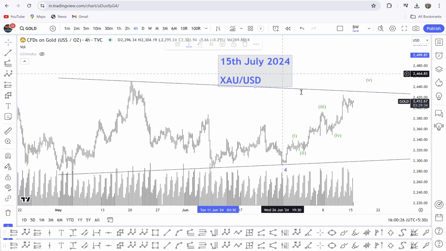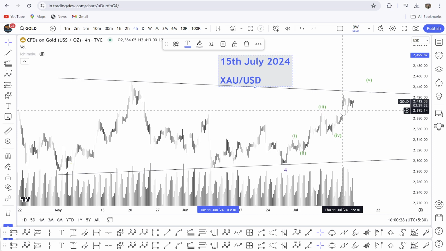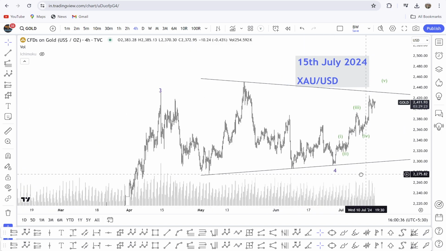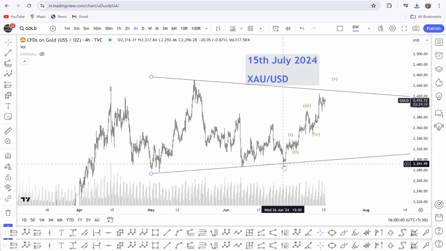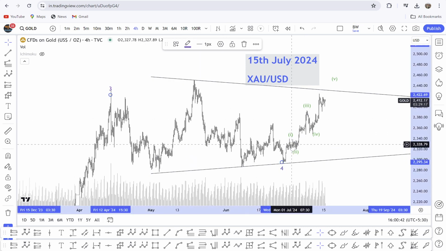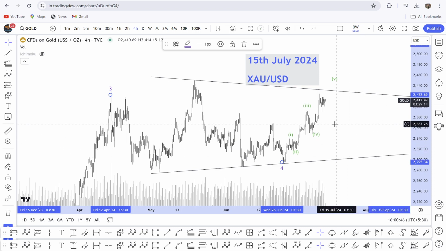But as I have seen this candle and this personality, this is part of either a C wave or a third wave. So in the higher time frame, we are in a fourth wave. It might complete here or it's still in process.